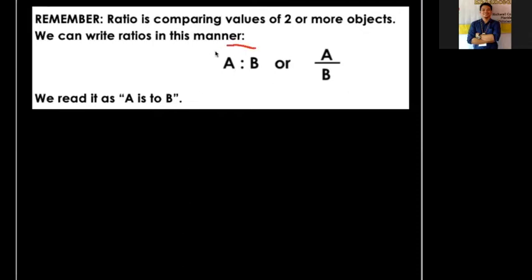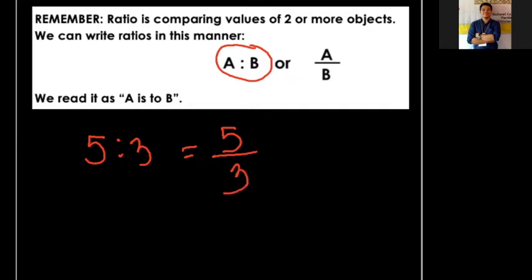We read this as A is to B. When you represent something, for example, 5 is to 3, we can also write this as a fraction. The first number will be our numerator, and the second number will be our denominator. So we can express ratio as fraction and fraction as ratio.